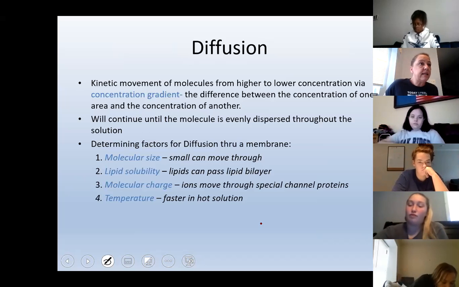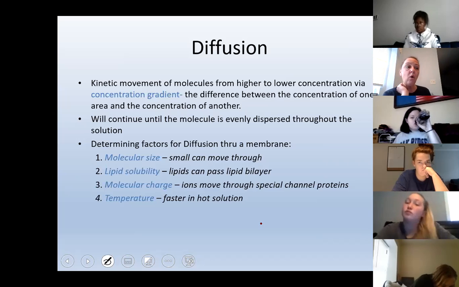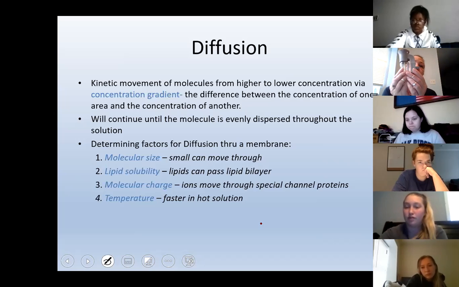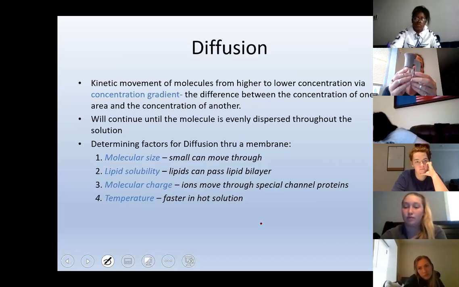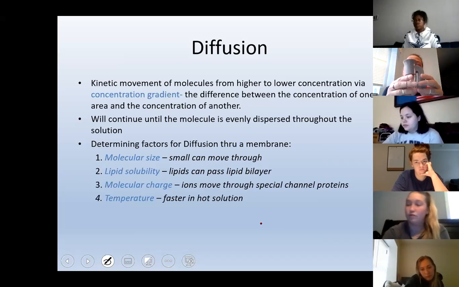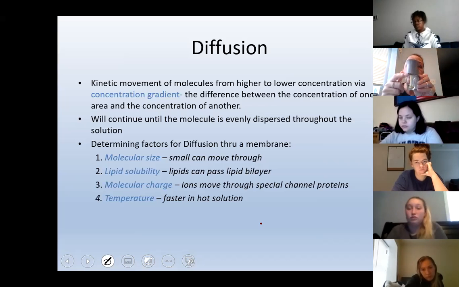And I'm willing to bet some of you may have an example of this in your own home right now. Let me grab mine over here. I've unplugged it from the last class. This particular one is from Bath and Body Works. The way this works is you have this little bulb that's filled with very, very concentrated smell.